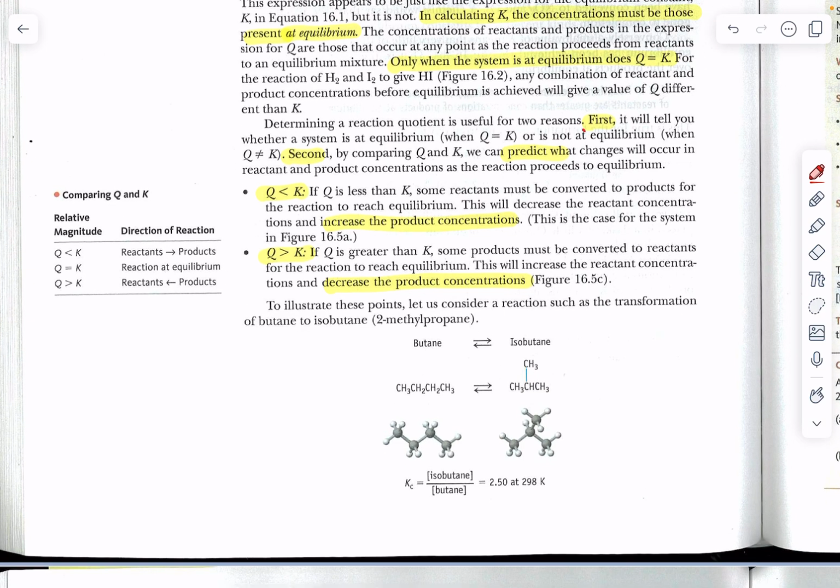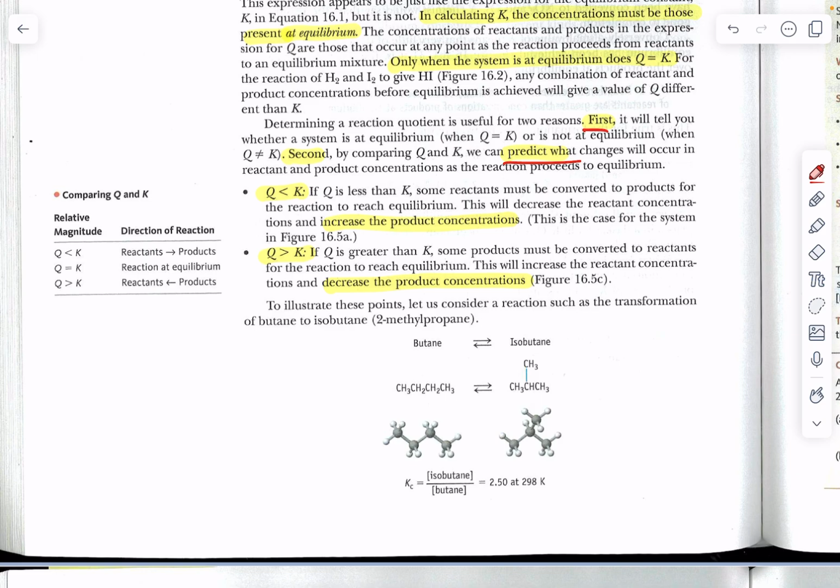So first of all, down here, if Q is not equal to K, we know we're not at equilibrium. Not only that, depending upon whether Q is bigger or smaller than K, we can predict which way the reaction needs to go in order to reach equilibrium.